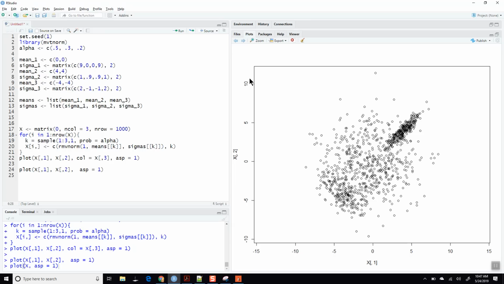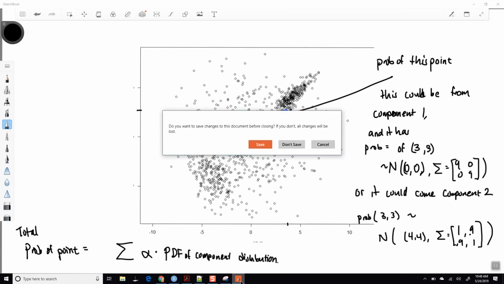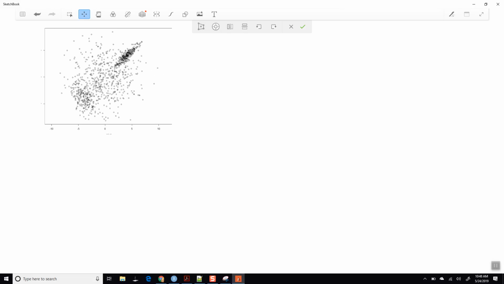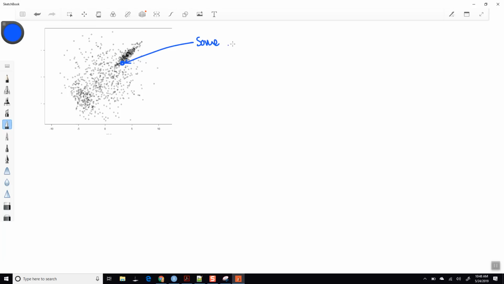This is the central problem that the EM algorithm solves. Here's our picture, and we've got some point here. The point could belong to cluster 1, or it could belong to cluster 2.